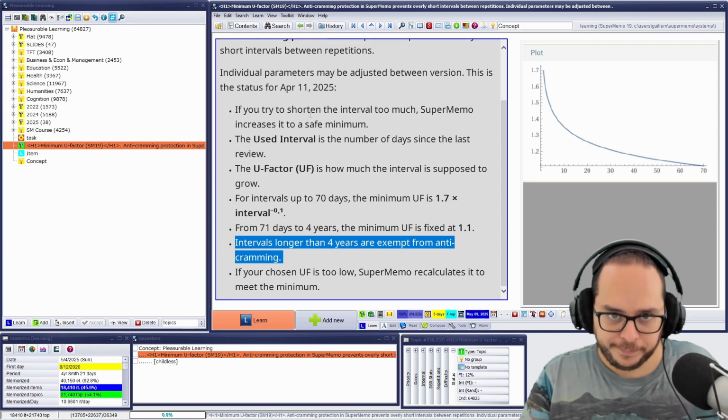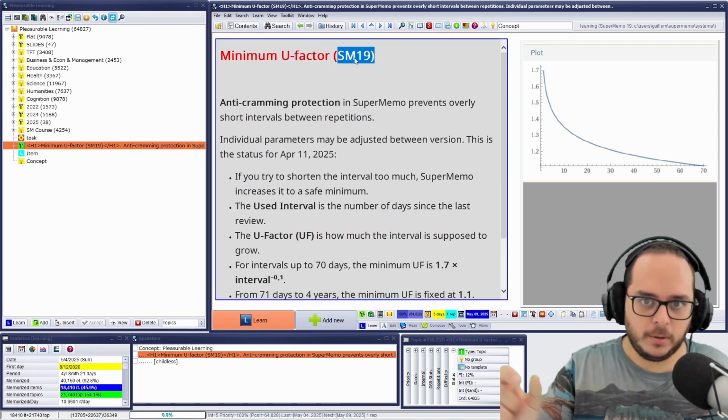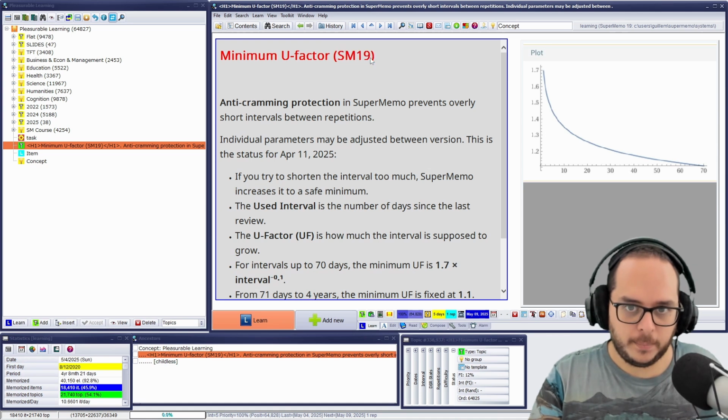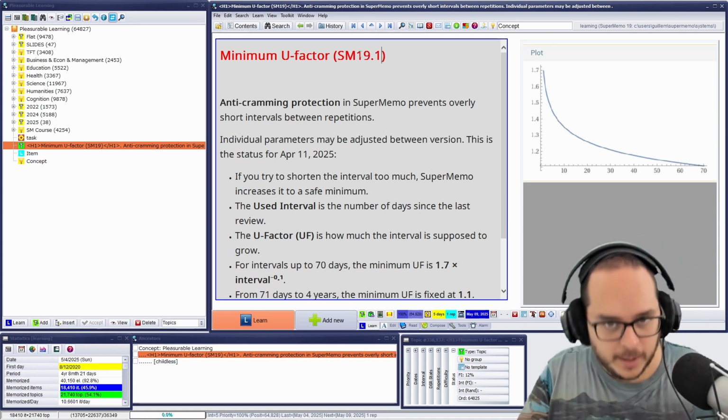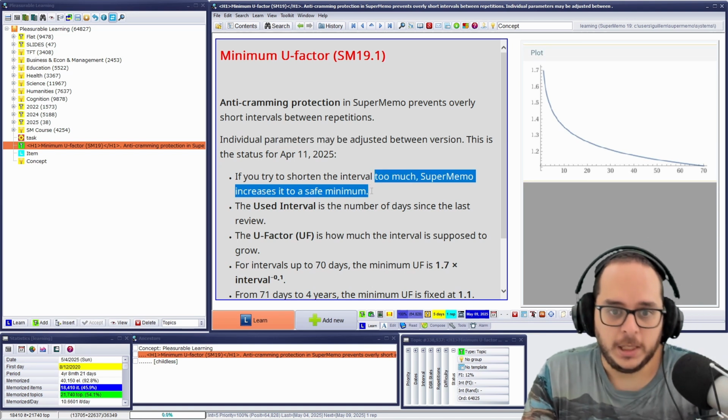So remember, if you're using SuperMemo 19, I think it's the 19.1, I'm not sure of the precise version that was introduced, but it was April 2025, you will have that.